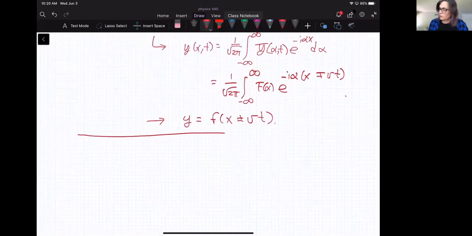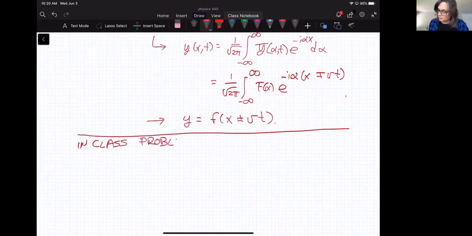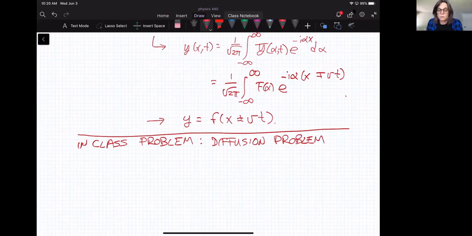Then we're going to jump in with something that you guys can do. And I want you to do something similar. In this case, we're going to look at a diffusion problem. All right, so this is just the general diffusion problem.